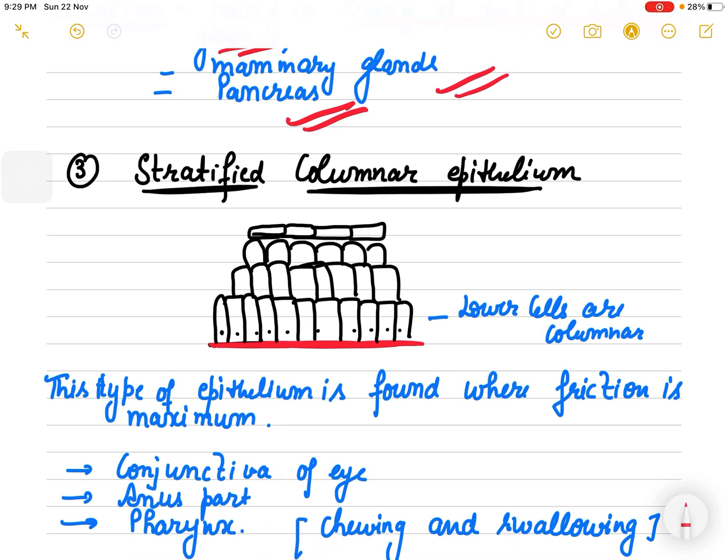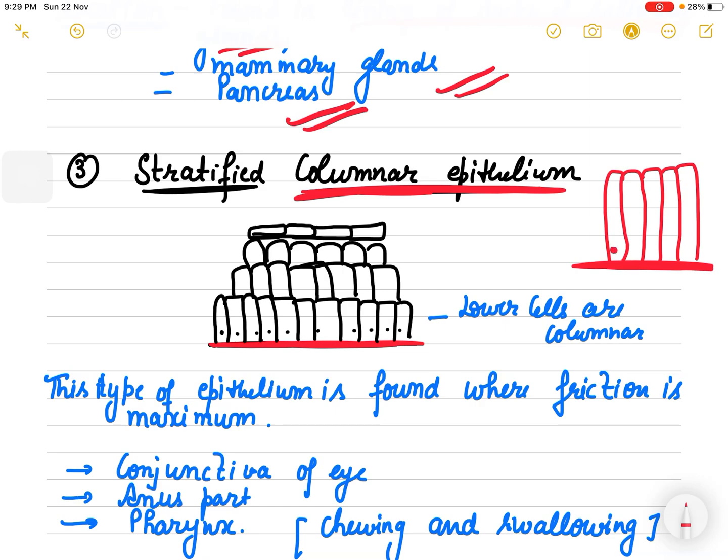The last one is stratified columnar epithelium. Stratified columnar means cells are very tall, column like. But again, always remember that the lower cells look column like, and if there is another layer, cells become less tall in height.